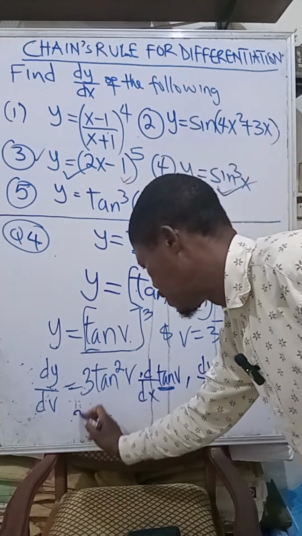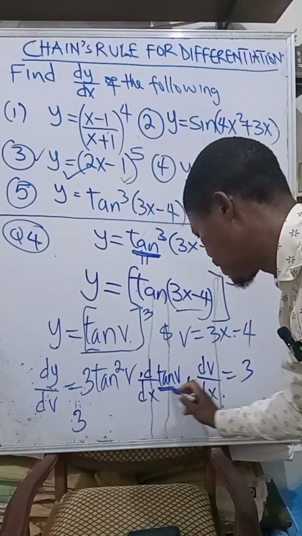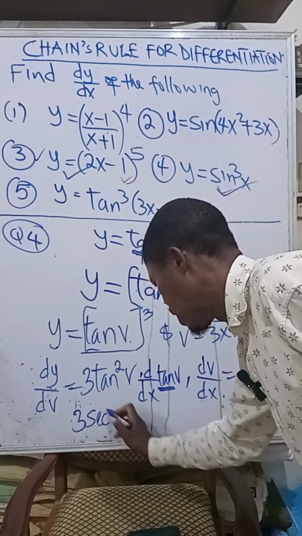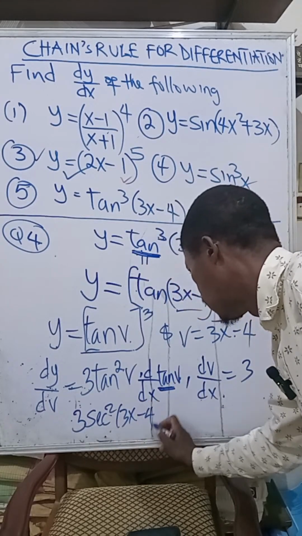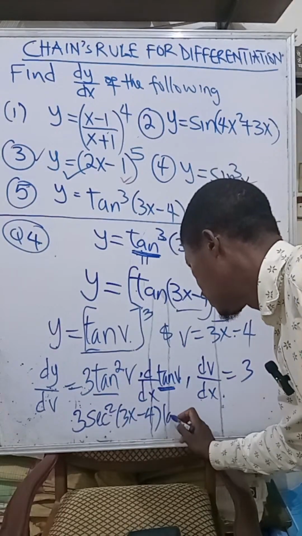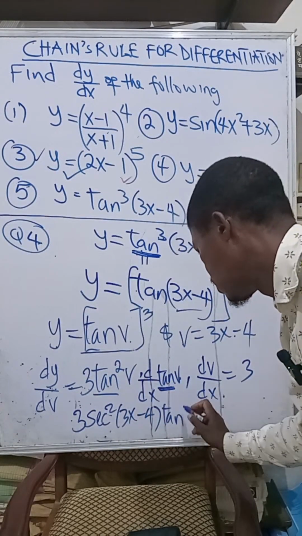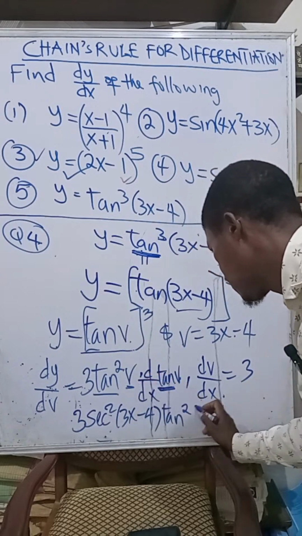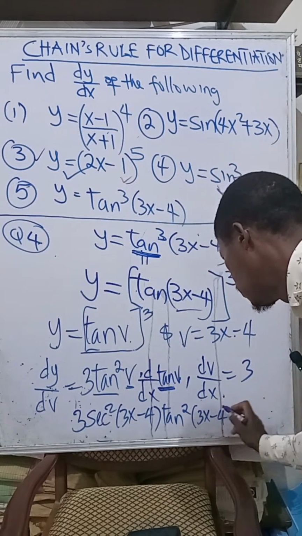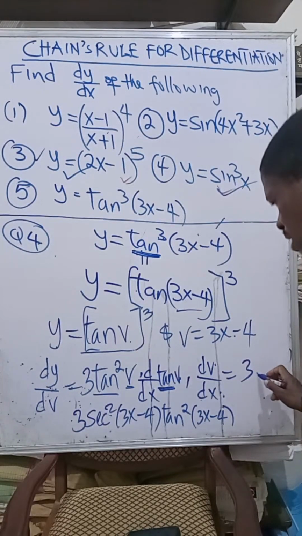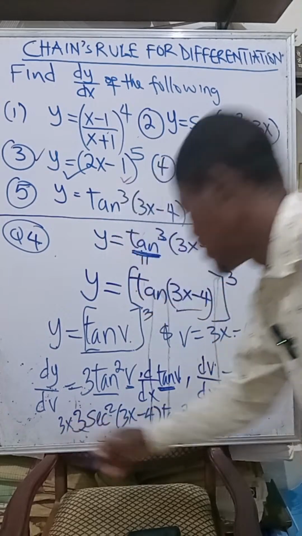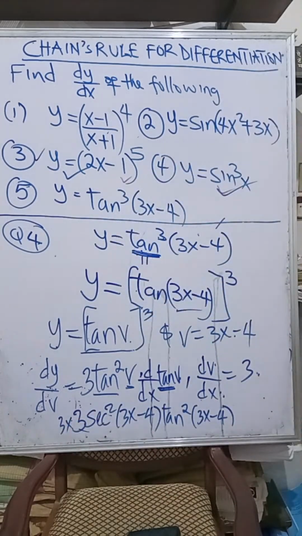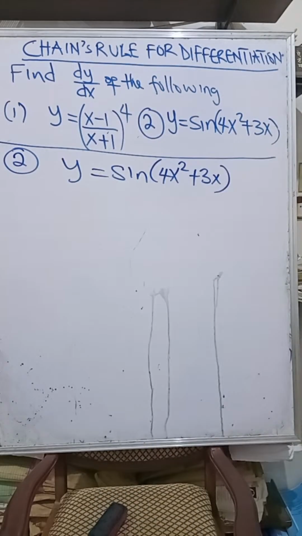So that will be 3 times sec squared of the function, where v is 3x minus 4, and then tan squared. And dv/dx is 3. So 3 times 3, that's 9. So that's that on this particular case.